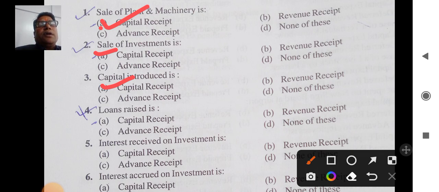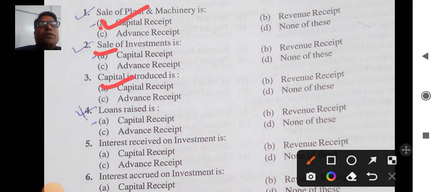Next question is loan raised. So loan raised, just like capital that the owner introduced to the business, becomes a capital receipt. Same as if, other than the owner, you got a loan for the business.